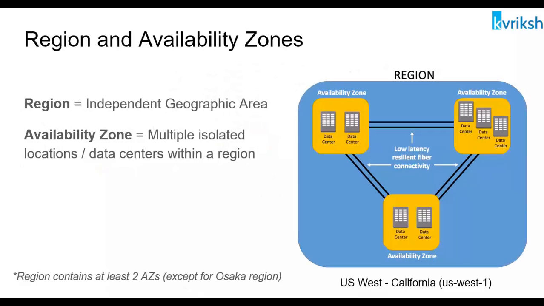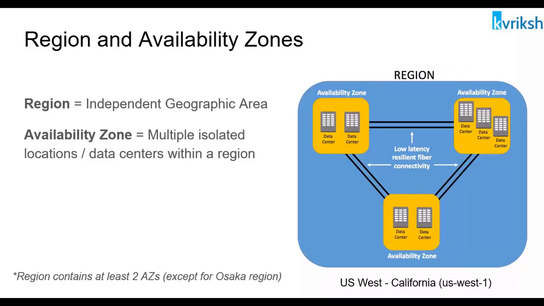As I said, a region is one geographic area. Here the blue area you see is an AWS region, and every region consists of typically 2 or more availability zones for high availability of your application. When you design your architecture, typically you will keep your machines in different AZs, so that if one of the AZs goes down for some reason, you have your machine running in another AZ and your application then has high availability.